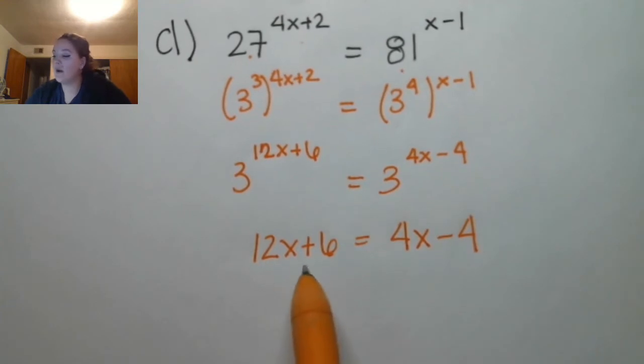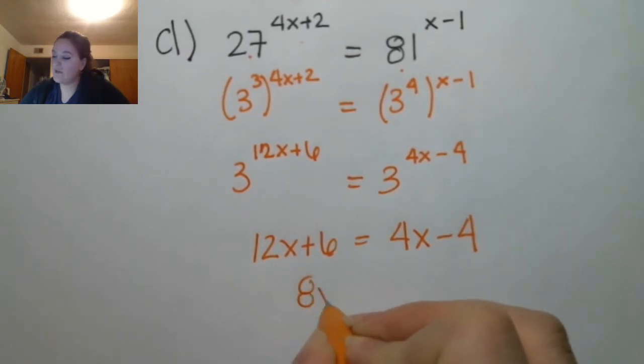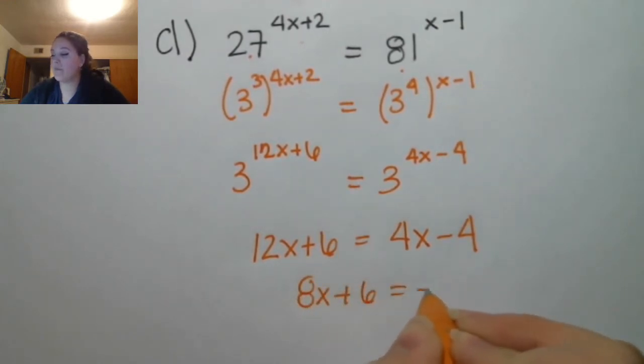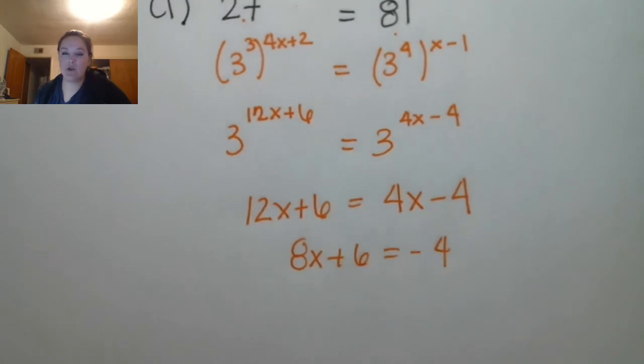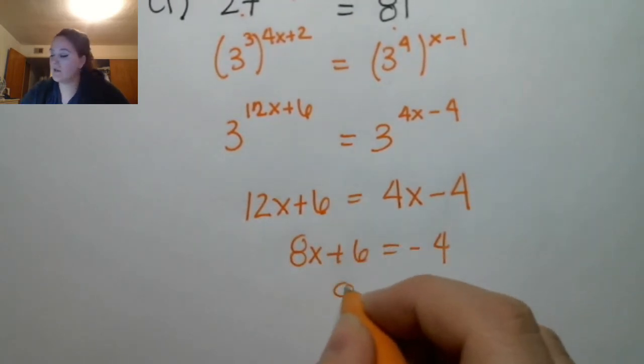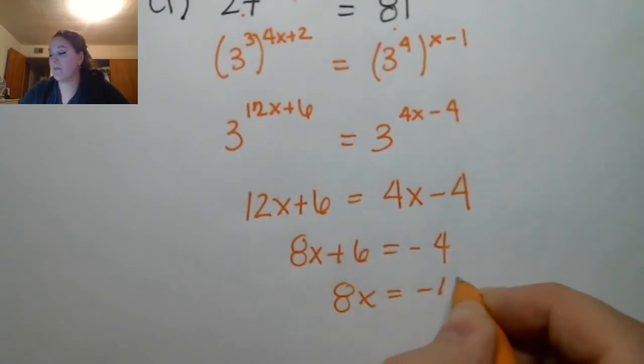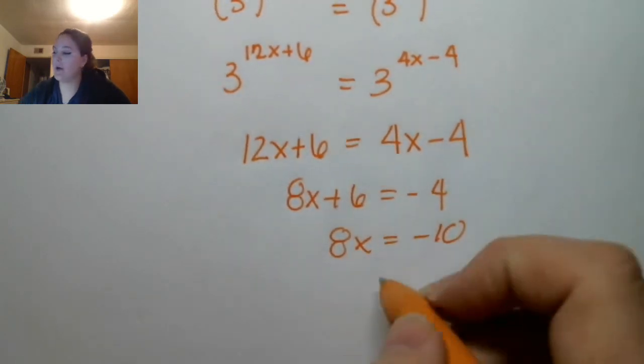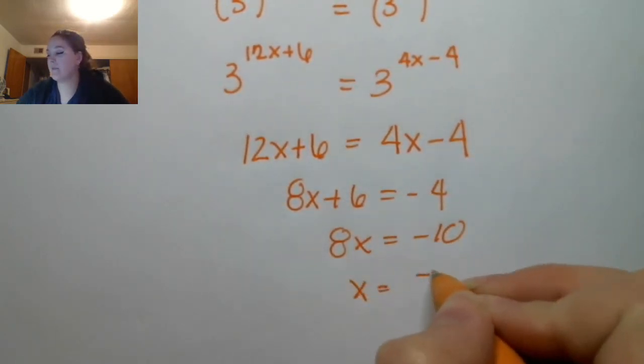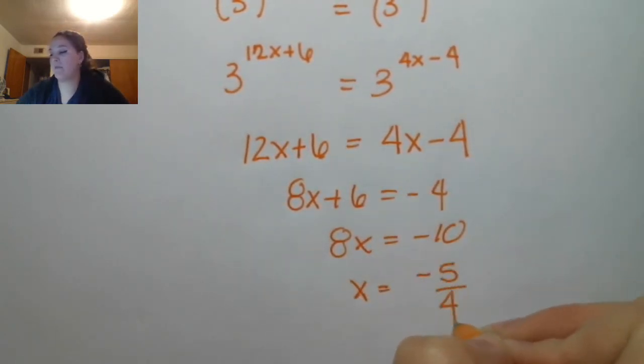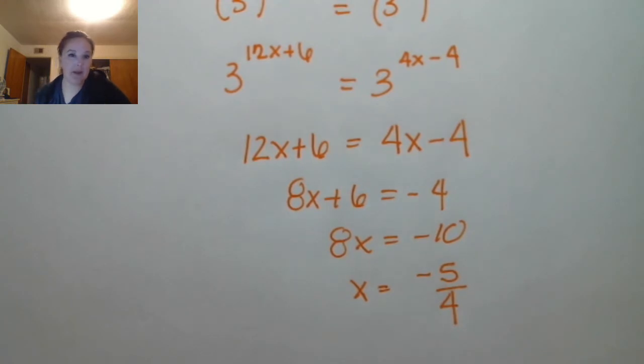All right, so now we can go ahead and solve this. So we'll subtract 4x from both sides, subtract 6 from both sides, and divide both sides by 8. Okay, and this would be my final answer.